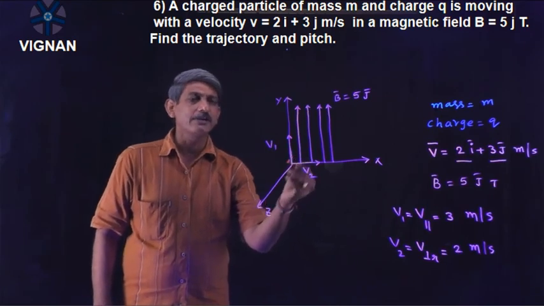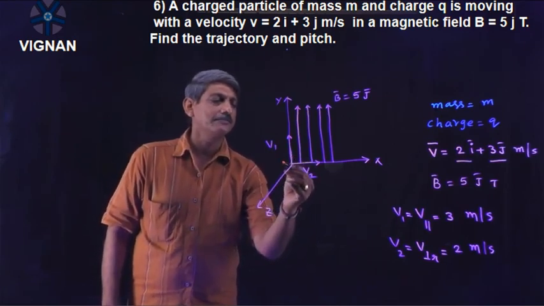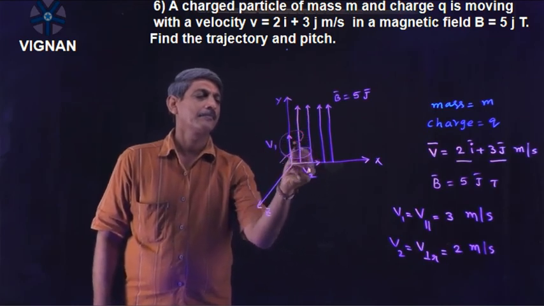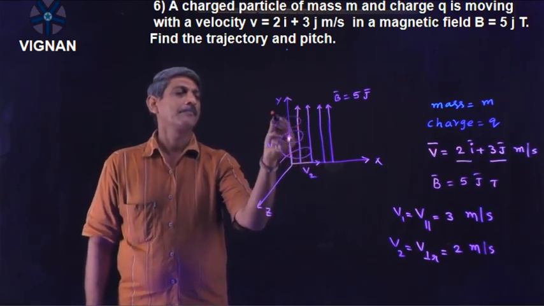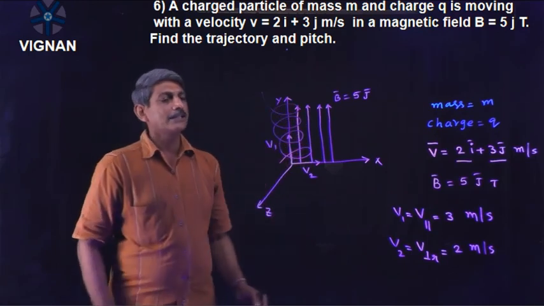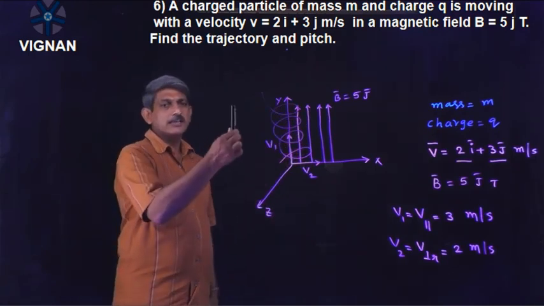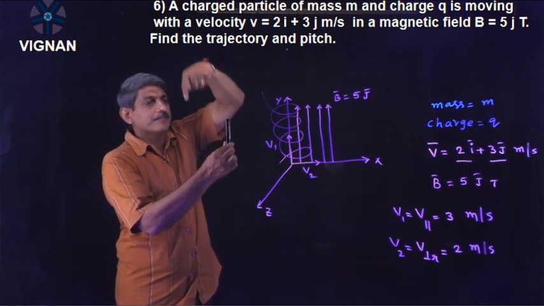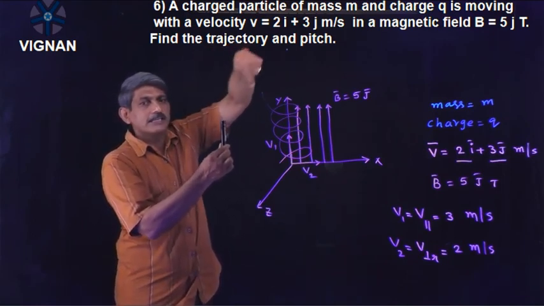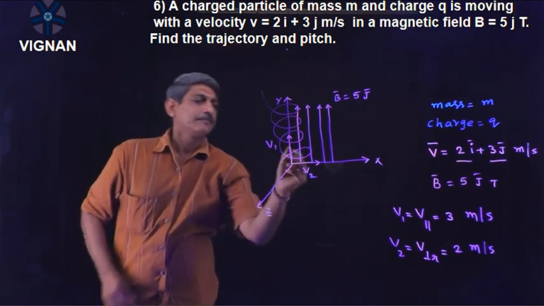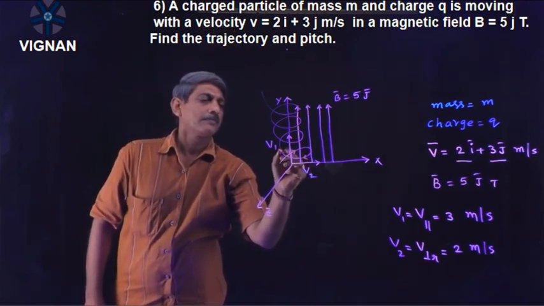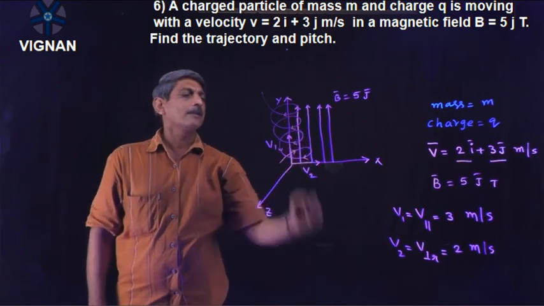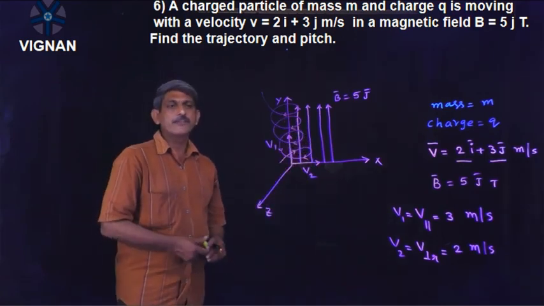So let us try to understand by seeing the diagram. Like this, suppose this is the y-axis, the particle will describe the trajectory like this, due to the components perpendicular and parallel to the direction of the magnetic field.